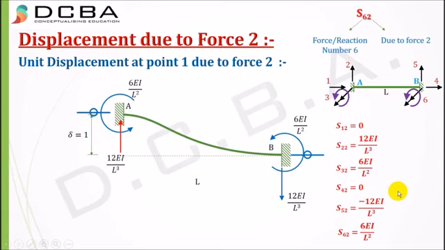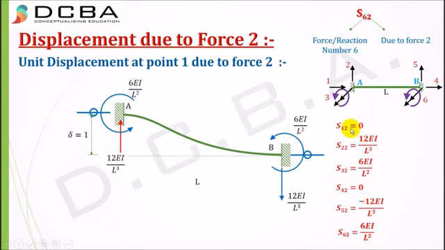S62 is 6 EI by L square, and it is again anti-clockwise, which conforms with my positive directions, hence it is plus 6 EI by L square. This forms the second column of my stiffness element matrix. S12, 22, 32, 42, 52, 62.